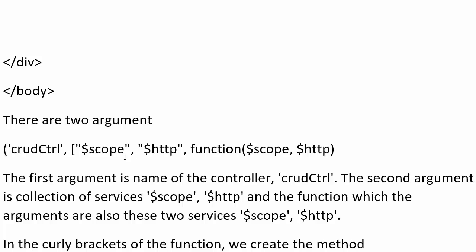There are two arguments. The first argument is the name of the controller, CRUD control. The second argument is a collection in square brackets of services, $scope and $http, and the function.